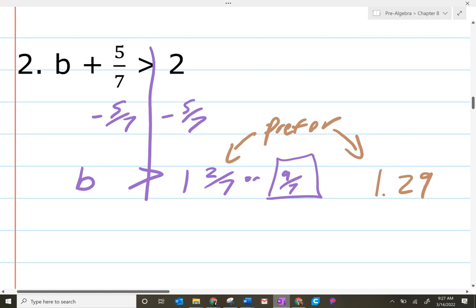I'm going to say 1.29. I'm going to write it 2 separate ways. You could put it as B is greater than 1 and 2/7. Or you could say B is greater than 1.29. Either way, I'm happy with.